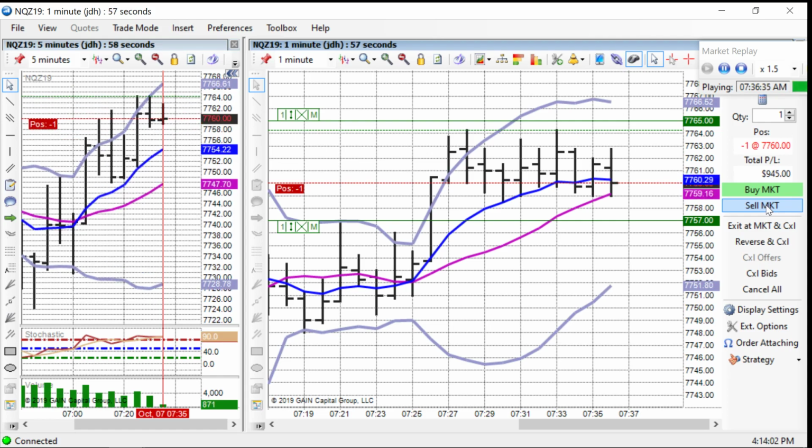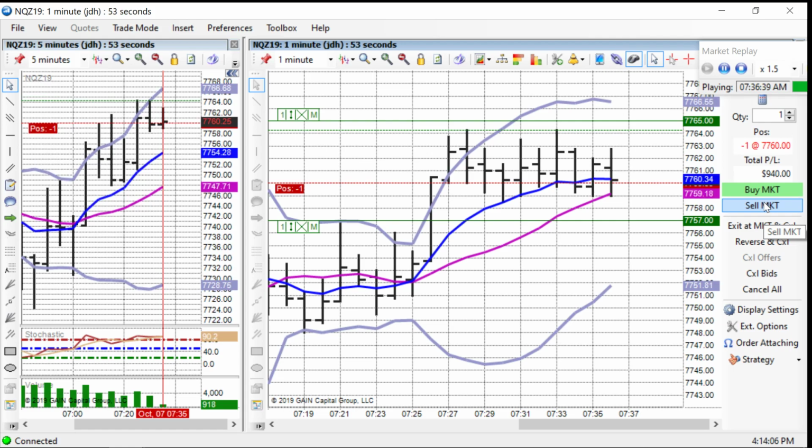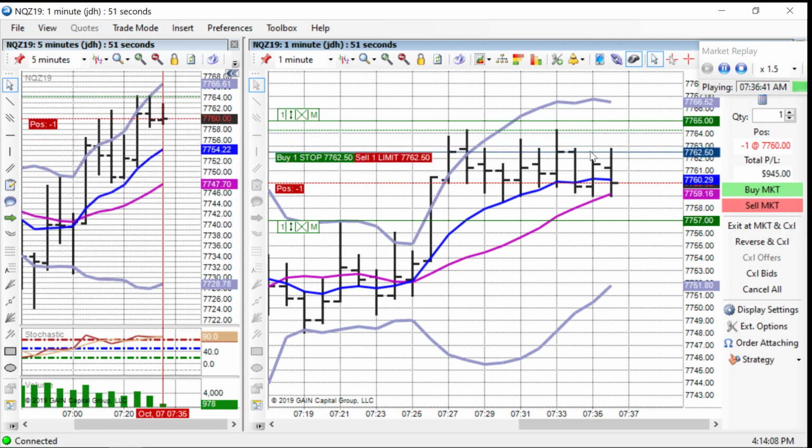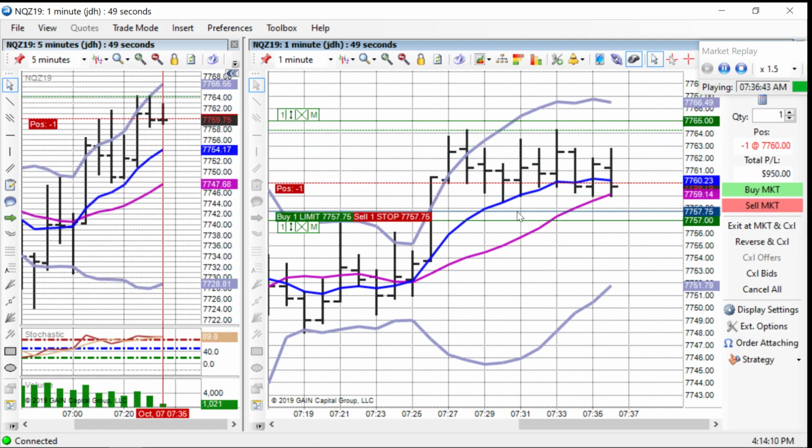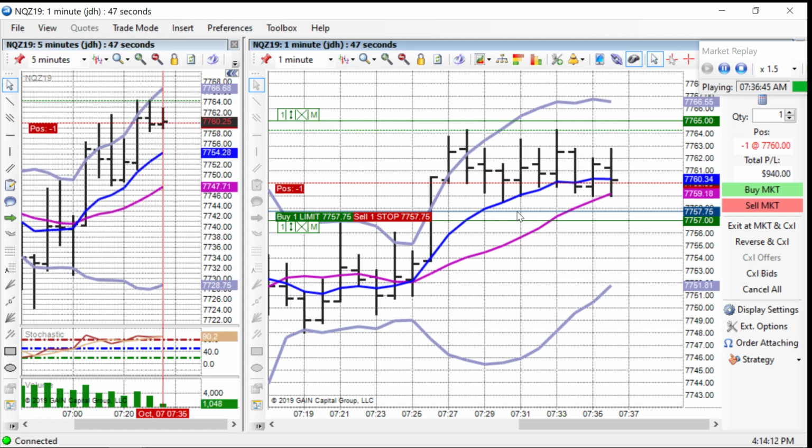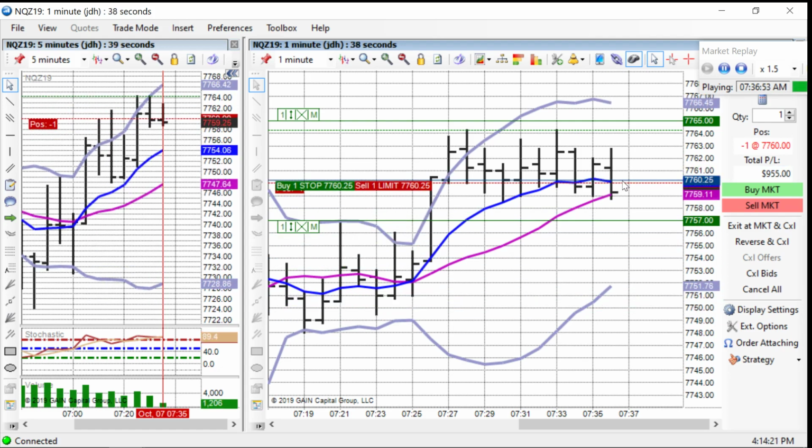For some reason, the sell side of the market seems to be working. I don't know why there's this glitch in the long trade. Kind of got in that one too early, but yeah, I like that movement there.